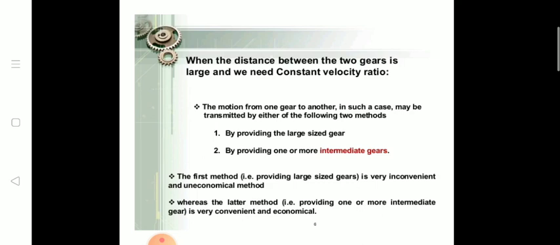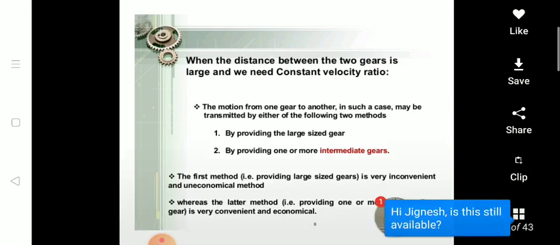The first method is very inconvenient and uneconomical, right? Whereas the latter method is very convenient and economical. Why? Because providing a large sized gear is inconvenient, as it requires more size and is heavier.